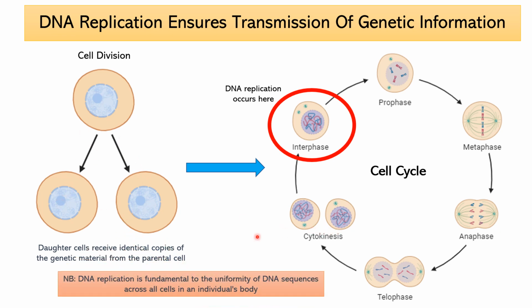You need to remember that because of DNA replication, when somatic cells divide, all your body has identical DNA information. That's why it's very crucial for the healthy development of our bodies.